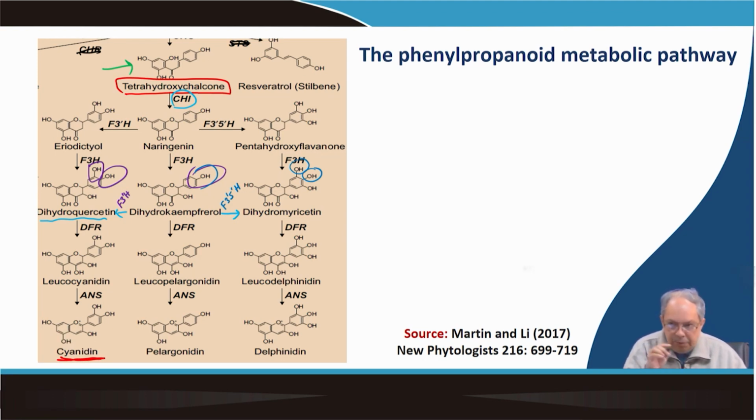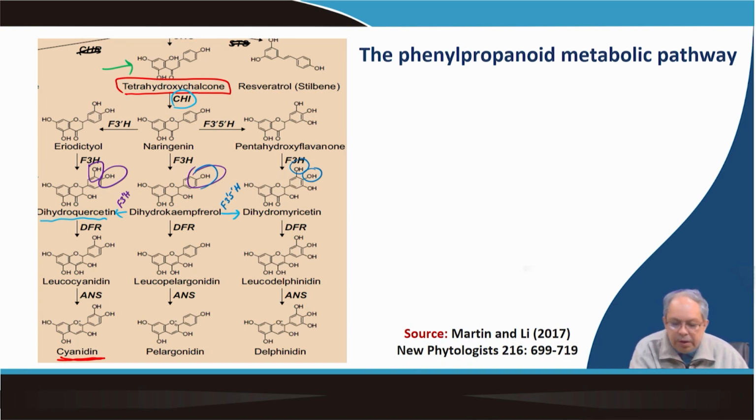Again, the common enzyme is DFR, but these DFRs are specific. So, one DFR which is specific for dihydroquercetin will not work for dihydrokaempferol or dihydromyricetin. So, these are specific, but the generic name is DFR, dihydroflavonol reductase, because all these are dihydroflavonols.